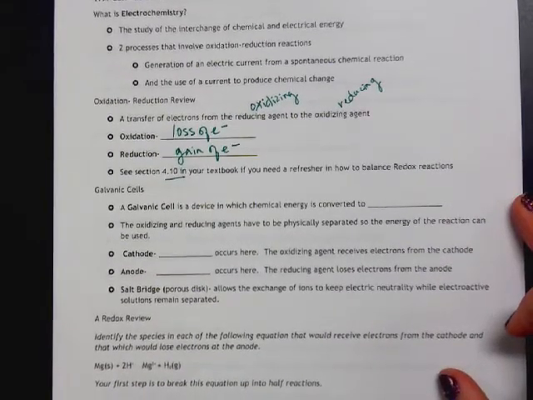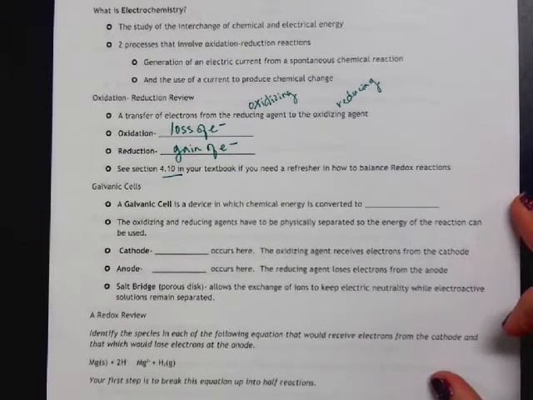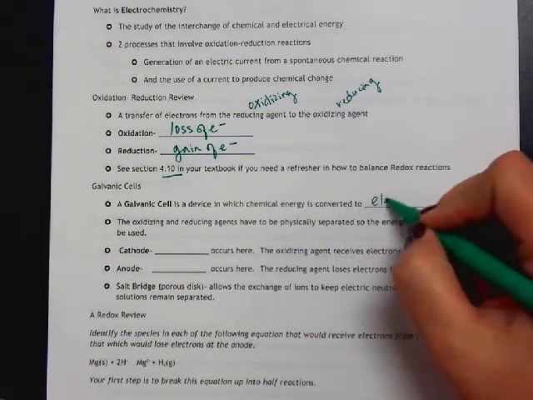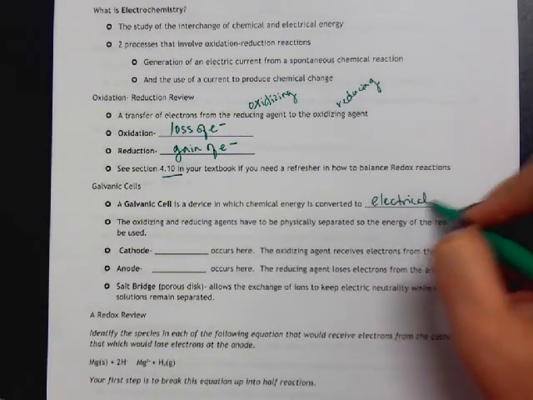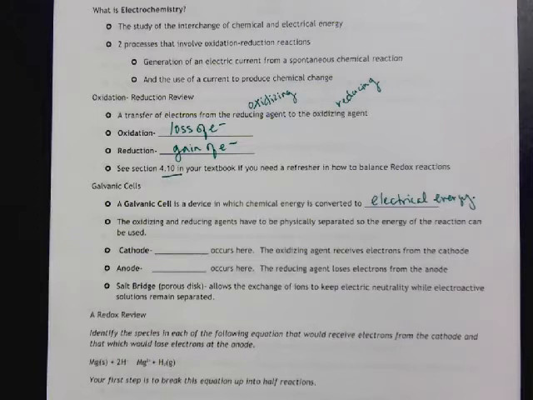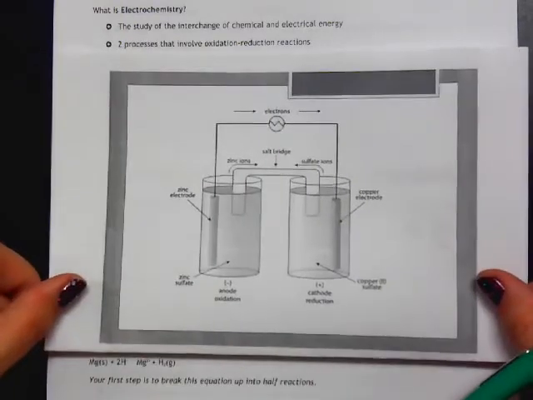So, in terms of a galvanic cell, that is a device in which chemical energy is converted to electrical energy. The oxidizing and reducing agents have to be physically separated so that the reaction energy can be used. And we do this in this fashion.